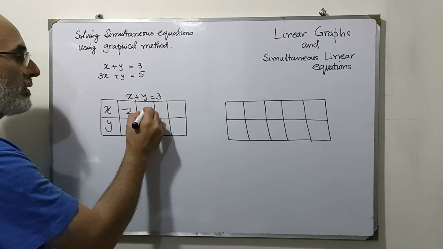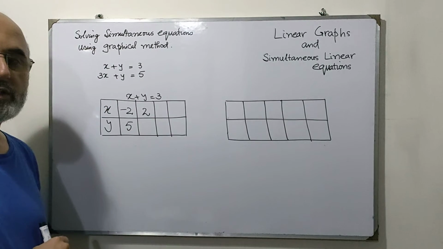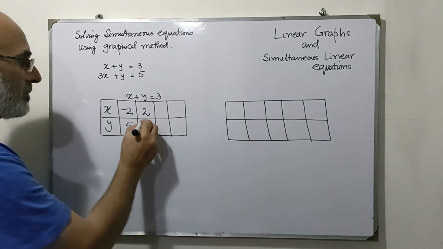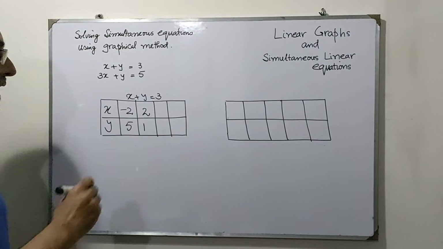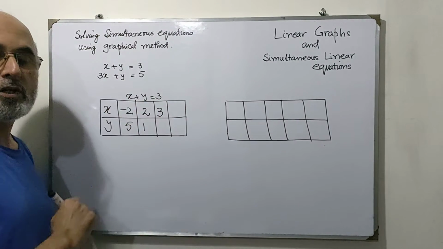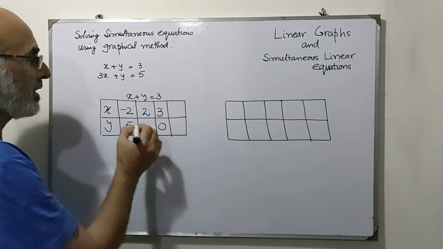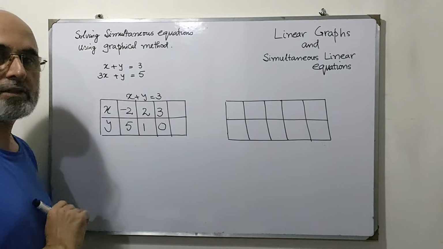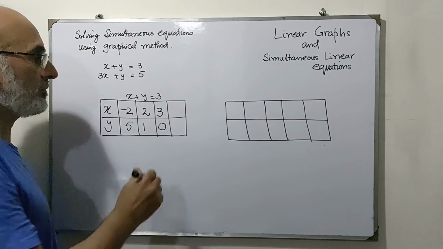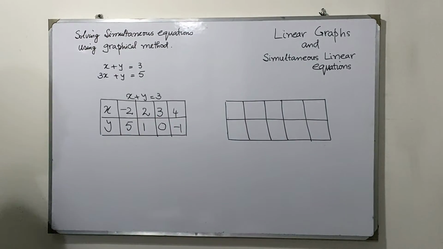Next I'm going to take 2. 2 goes to the other side, it becomes 3 minus 2, so y is 1. Now I'm going to take 3. 3 goes to the other side, 3 minus 3 is 0. Now 4. 3 minus 4 is minus 1. Right, so we have the values for the first equation.